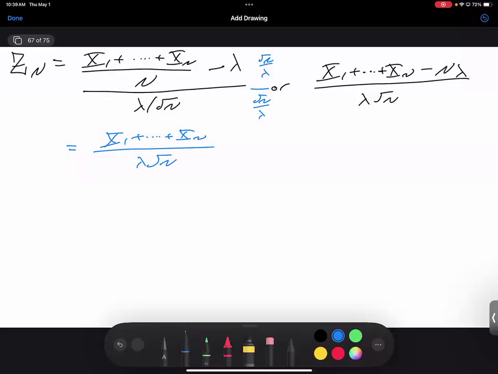This is the joy of a divided by b divided by c. We want to do this so we don't make an algebra mistake. So if I multiply by square root of n over lambda, I clean up the denominator to be just 1. The square root of n makes the n square root of n, and then we have lambda times the square root of n over lambda. That's just going to be minus the square root of n.